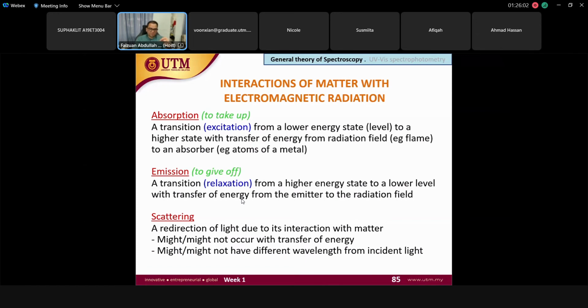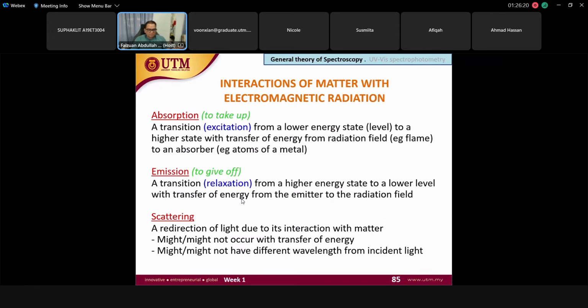Emission, a relaxation stage, is when the electron from a higher energy state goes to the lower energy state. It will emit a packet of energy or a light.